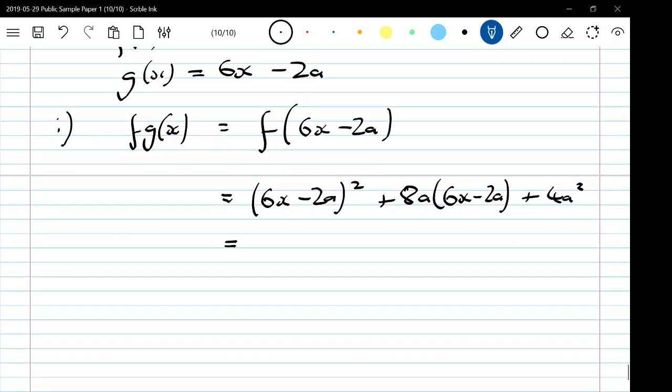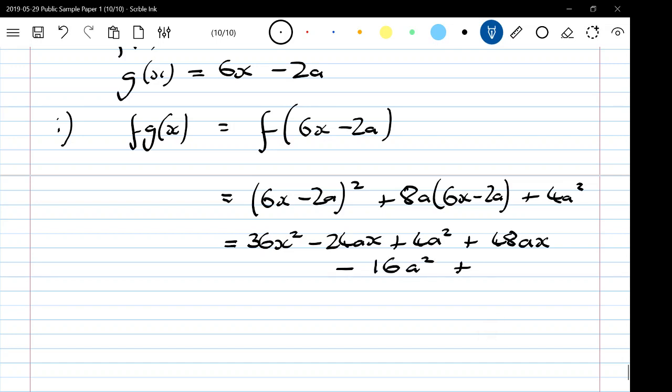So we've got 36x squared minus 24ax plus 4a squared, plus 48ax minus 16a squared plus 4a squared.